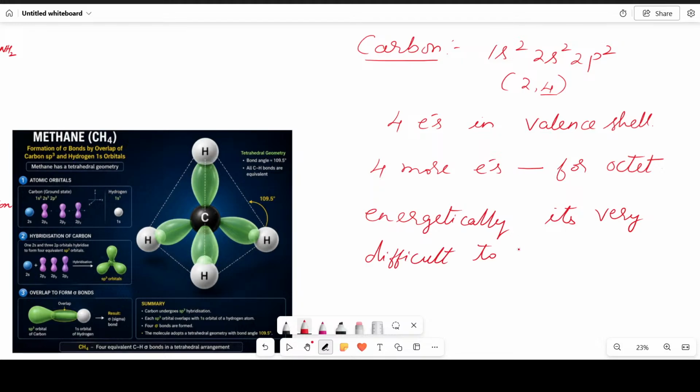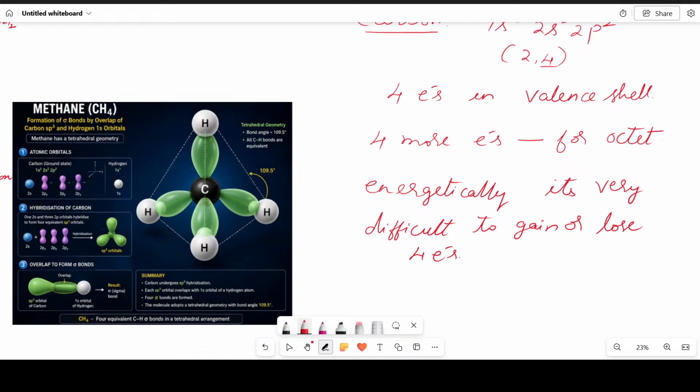So therefore, carbon will always combine with atoms by mutual sharing of electrons and thus forms covalent bonds.